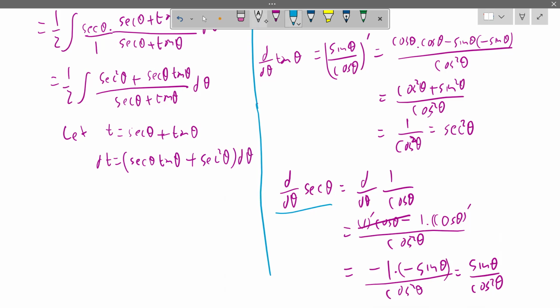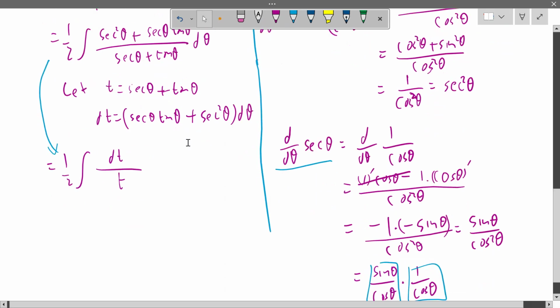So this integral is equivalent to 1/2 times, where this entire numerator becomes dt and the denominator is just t. So there's a simple integral, which is 1/2 times the natural logarithm of t.